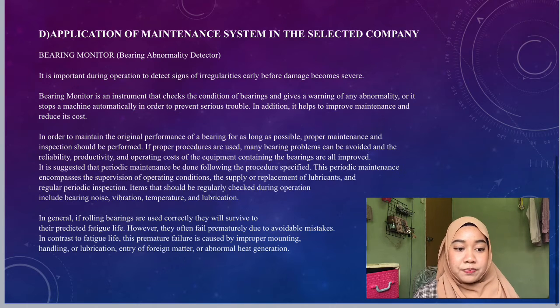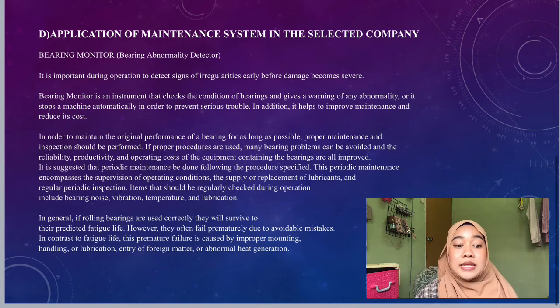Bearing monitor. A bearing monitor is an instrument that checks the condition of a bearing and gives a warning of any abnormality, or it stops a machine automatically in order to prevent serious trouble. In addition, it helps to improve maintenance and reduce its cost.